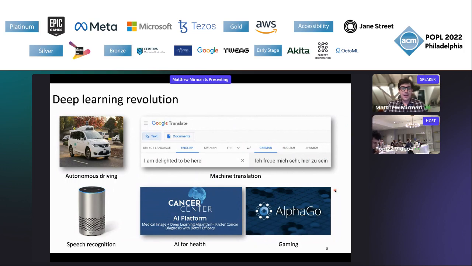It's even being used for translation systems, which I use frequently, being in Zurich and not speaking very much German. And it's even appearing in healthcare systems. Now, healthcare systems and autonomous driving are the most striking of these applications, given that they're fairly high-risk scenarios.